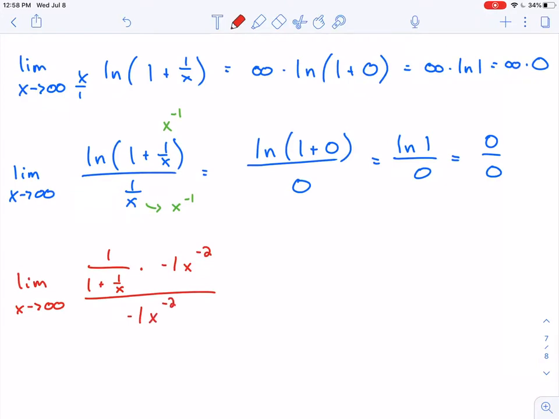And hey, look at this. I was worried I was going to have to do a little bit of simplifying, but I have a negative 1 x to the minus 2 in the numerator and in the denominator. Those two cancel each other out.